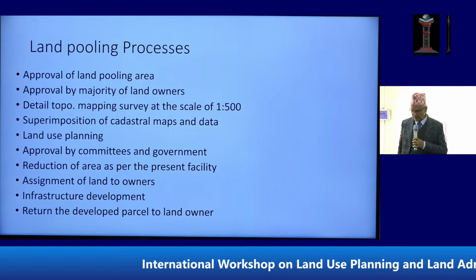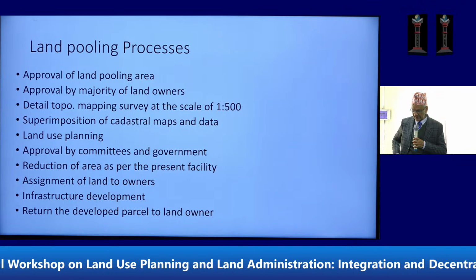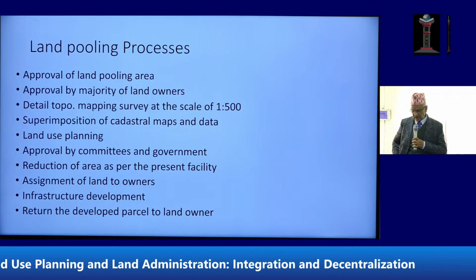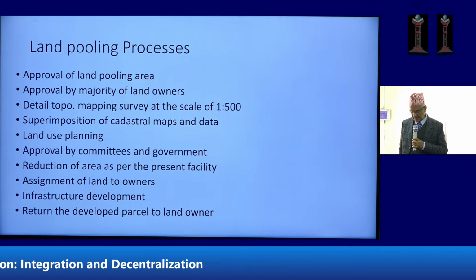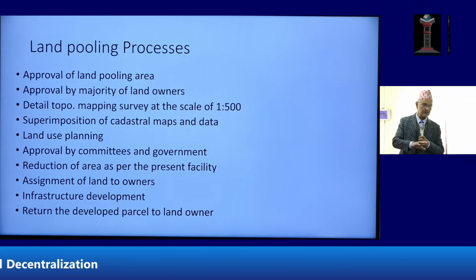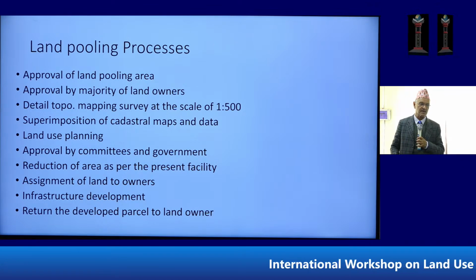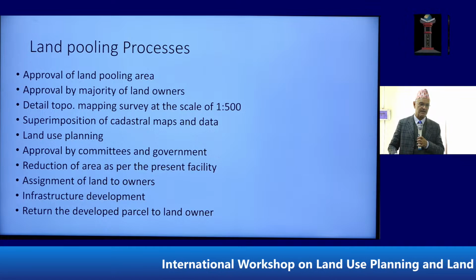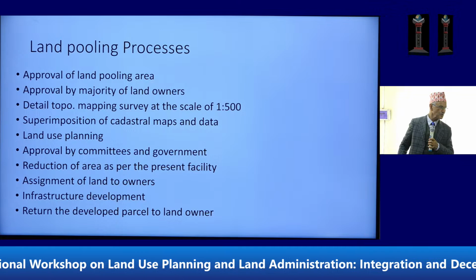And the detailed topographical mapping and the superimposition of cadastral maps and data, and land use planning. Urban planning is a different thing, whether this is a housing area or industrial area and so on. This land use planning is another thing.